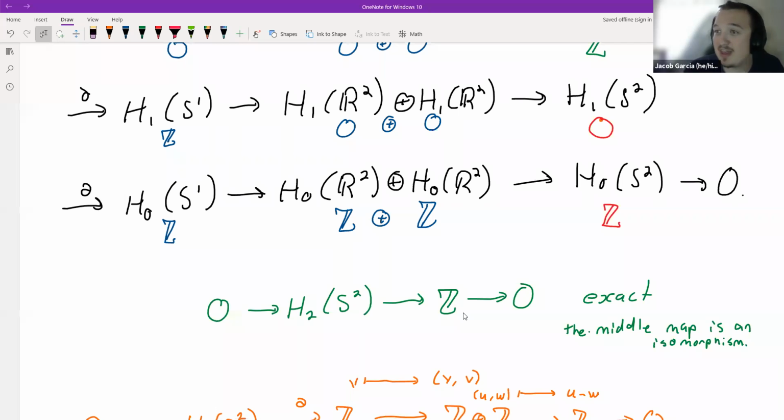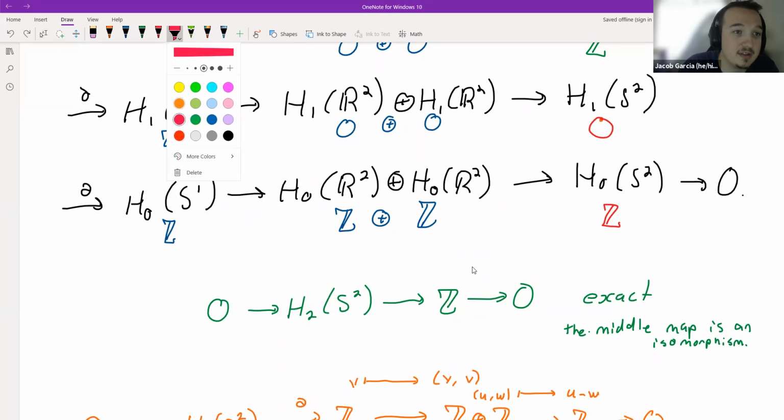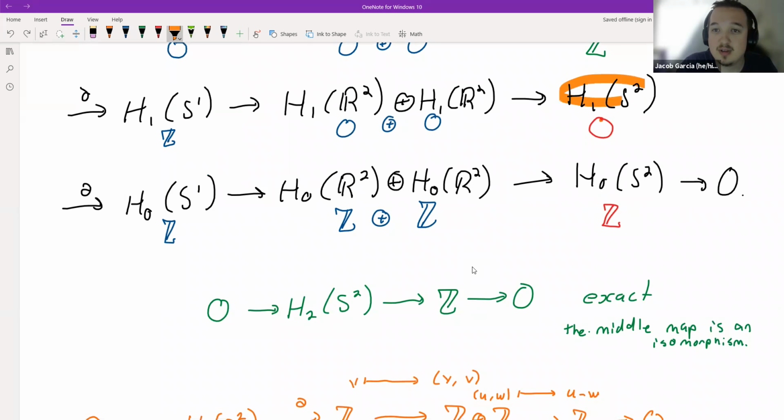And so for all of the groups except for this one, that is a much too dark red for a highlighter, but that's still okay. For all of the groups except for this one, we were able to figure out what they were just by using exactness properties.